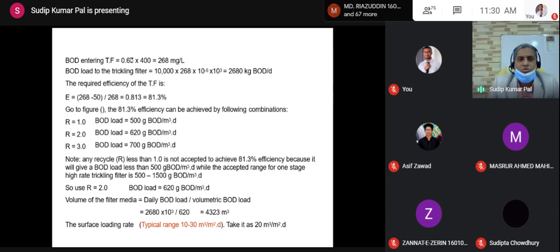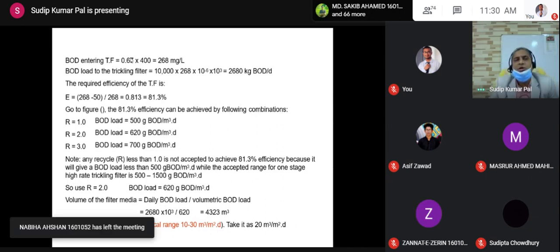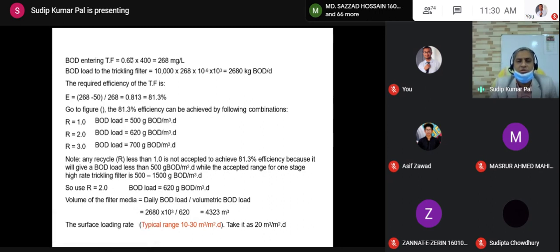Okay, then BOD load to the trickling filter, 10,000 is your Q into concentration. Basically that load is basically Q into C. So Q is 10,000, C is 268 milligram per liter, and that you converted into kilogram BOD per day. So do you understand the second line?